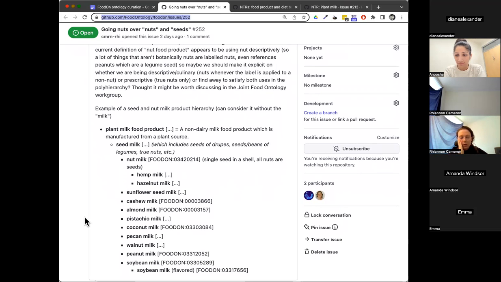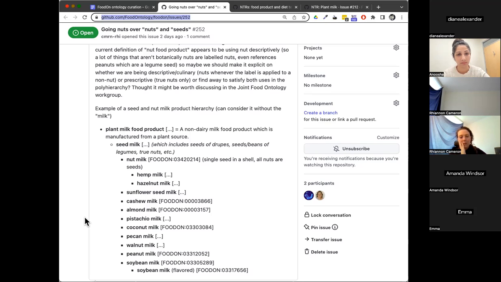It's just that, looking at when exploring the hierarchy of milk and looking at the different non-dairy milk products that we have, I was looking into how we're organizing some of our nuts and what we mean by nuts, and finding we aren't very clear or necessarily consistent.